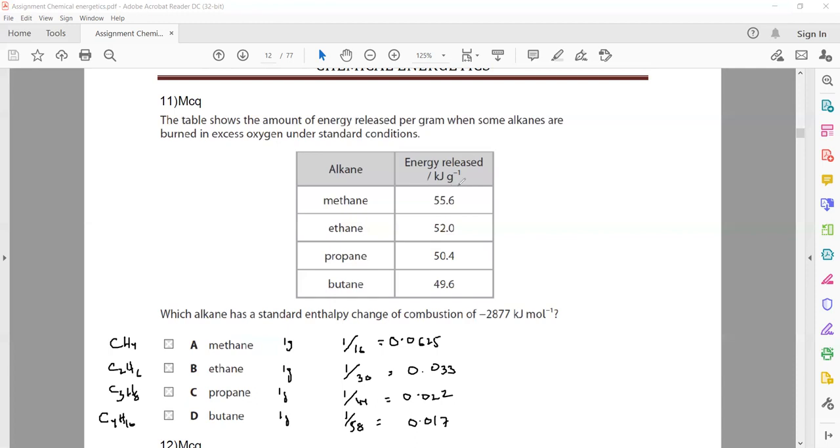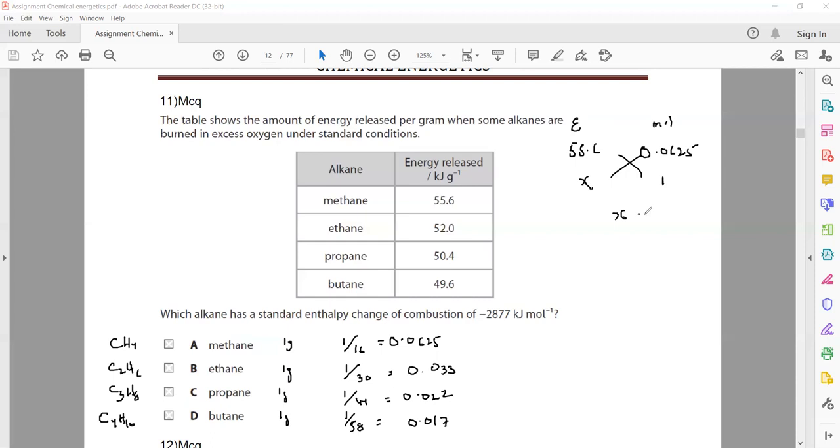And the energy is released when 1 gram, or this many moles, is burned, because we need it for 1 mole. According to this question, for methane, 55.6 kilojoule per gram means 55.6 energy is released when we burn 0.0625 moles. But we need how much energy is released when 1 mole is burned, so it will be X, cross multiply.